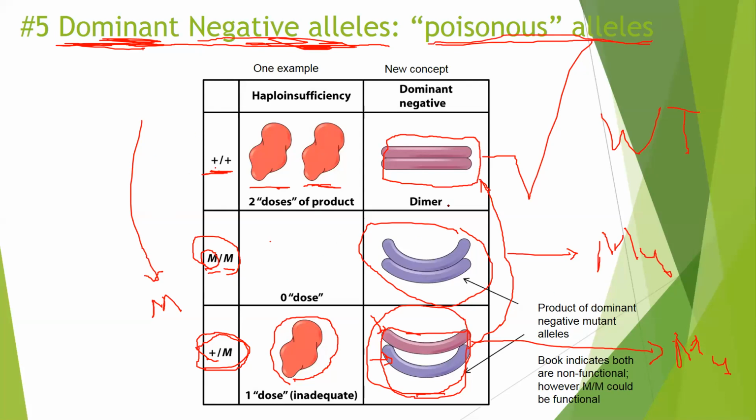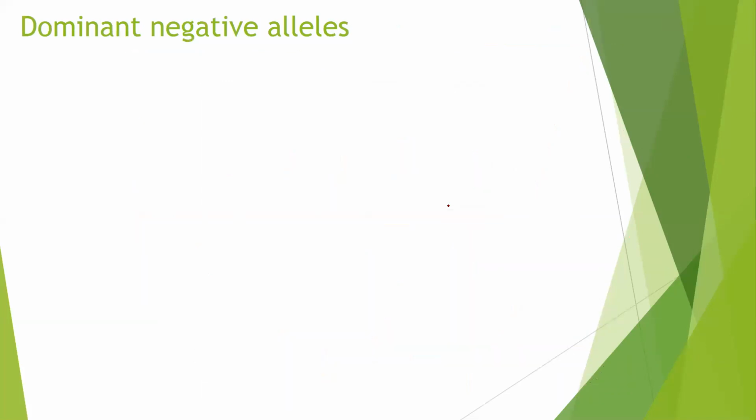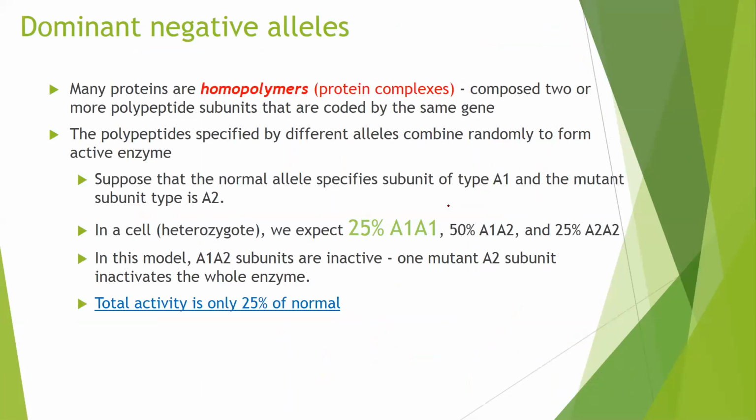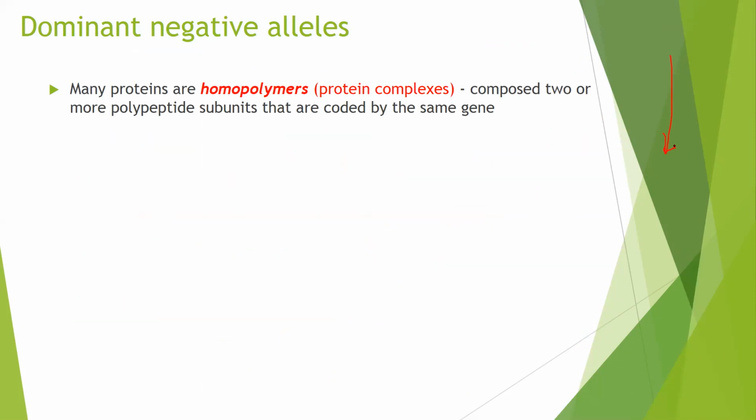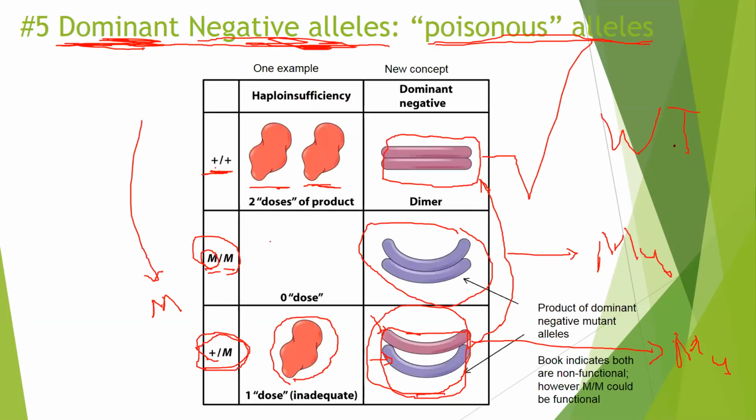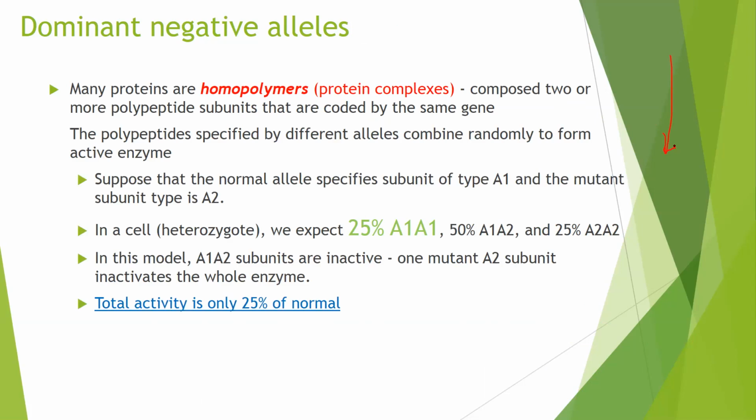So this is the mechanism behind dominant negative alleles. Okay, so this is an example. Some details I don't want to go into, because after class you can study these slides. This just gives you a summary about dominant negative alleles.